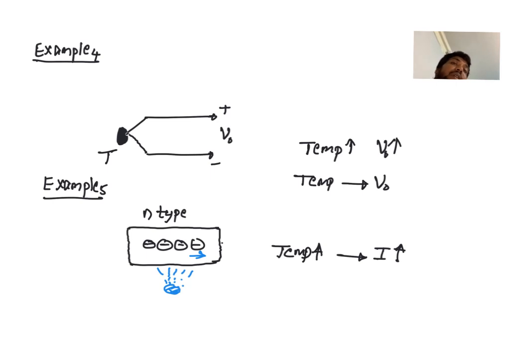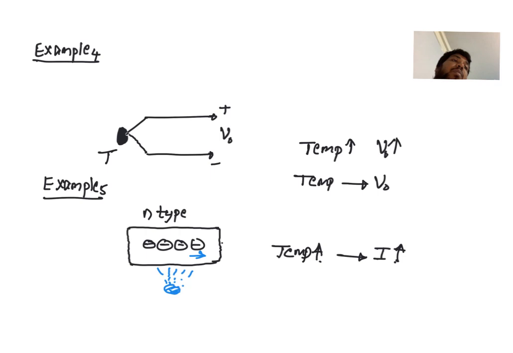So in the fifth example you can clearly see that when the temperature is increased, the current is increasing. Now we discussed almost 5 examples, right? In the first example, temperature is converted into displacement. In the second example, temperature is converted into displacement. Again in the third example, temperature is converted into displacement.